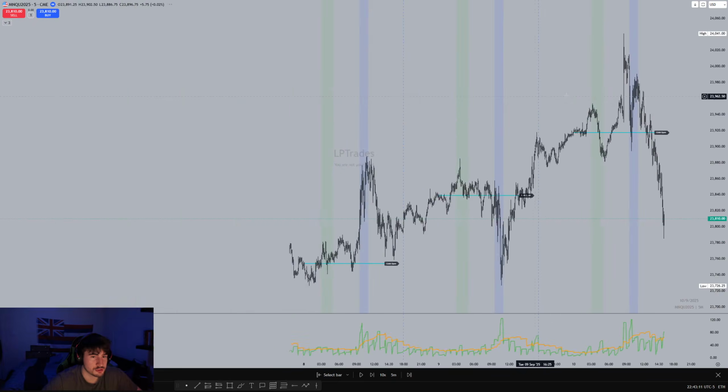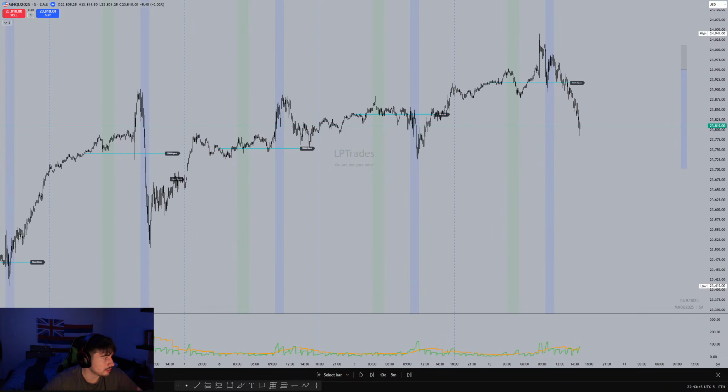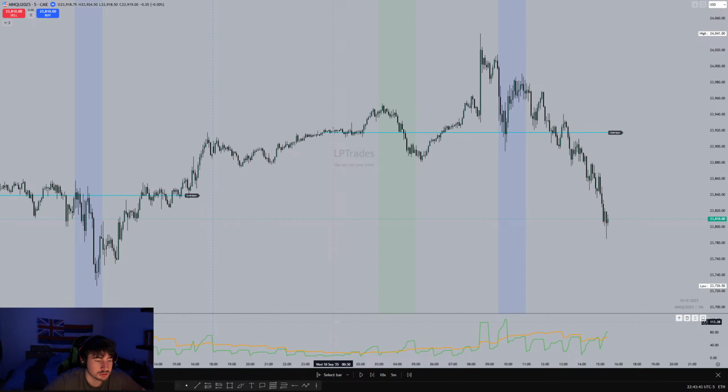Okay, another example is here. We're at a significant high today. And we took out liquidity. Apparently the music is really loud still.